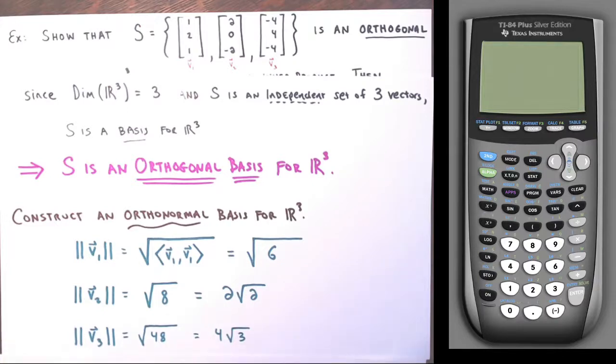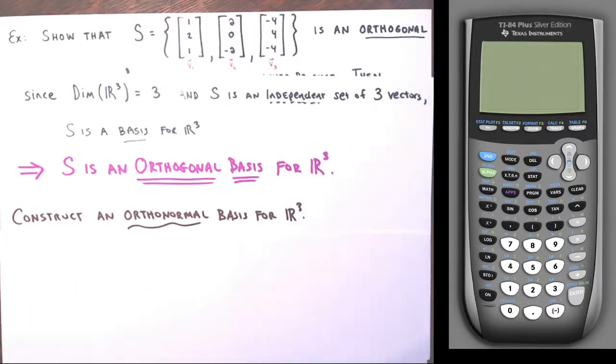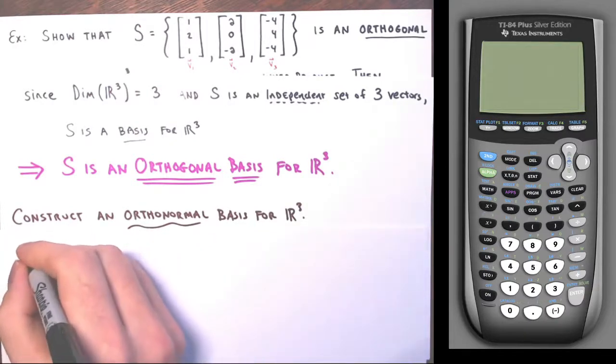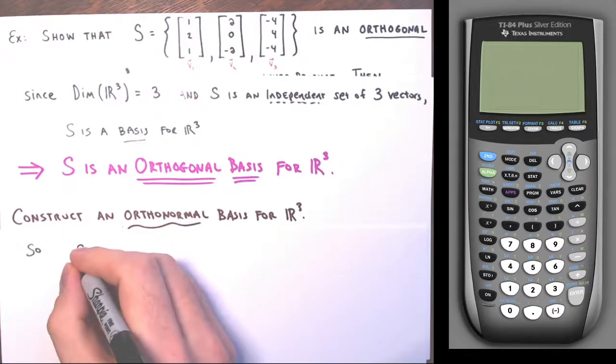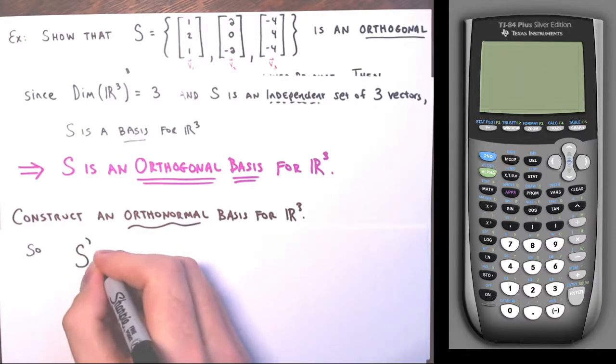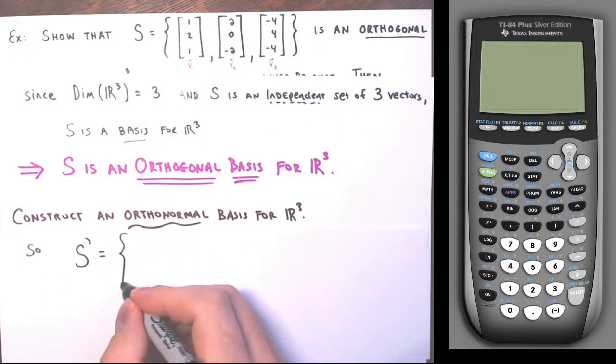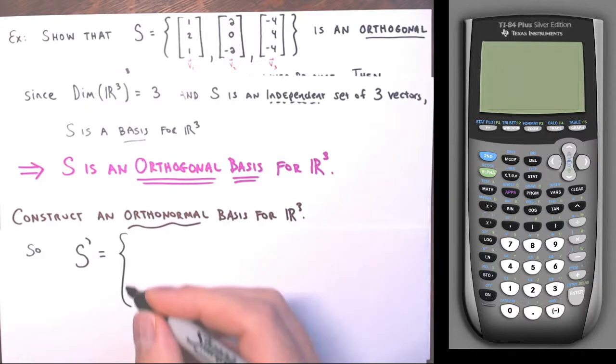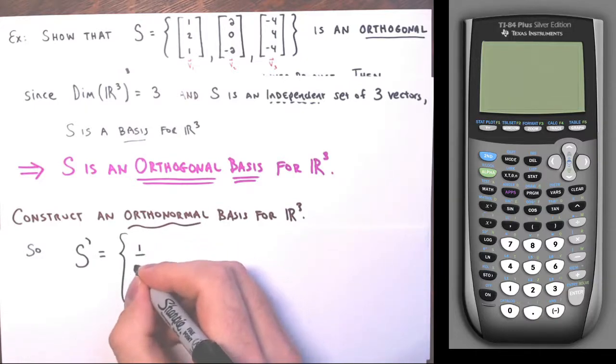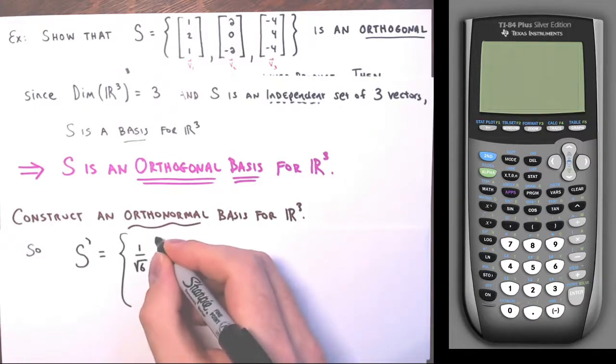So an orthonormal basis for R3 would be the following. I'll call this S prime, not S, because it's not going to be the same three vectors, we're dividing them by some number, equals 1 divided by the square root of 6 times the first vector.